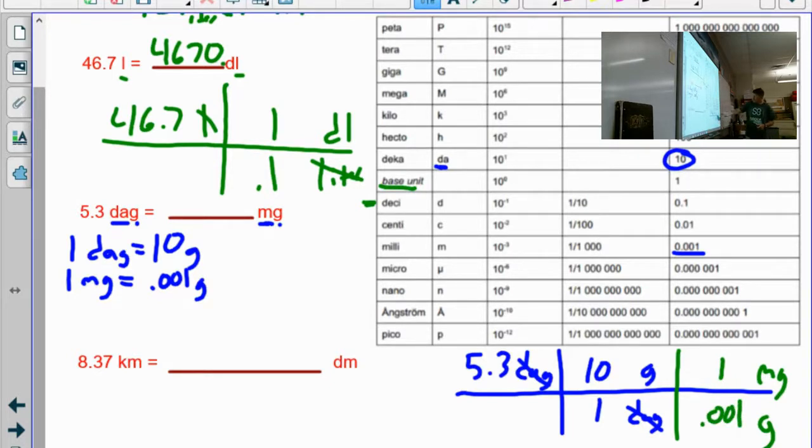So my grams will cancel out here. The only unit I have left is milligrams. I do 5.3 times 10 is 53, times 1 is still 53, divided by 0.001, which is going to give me 53,000.